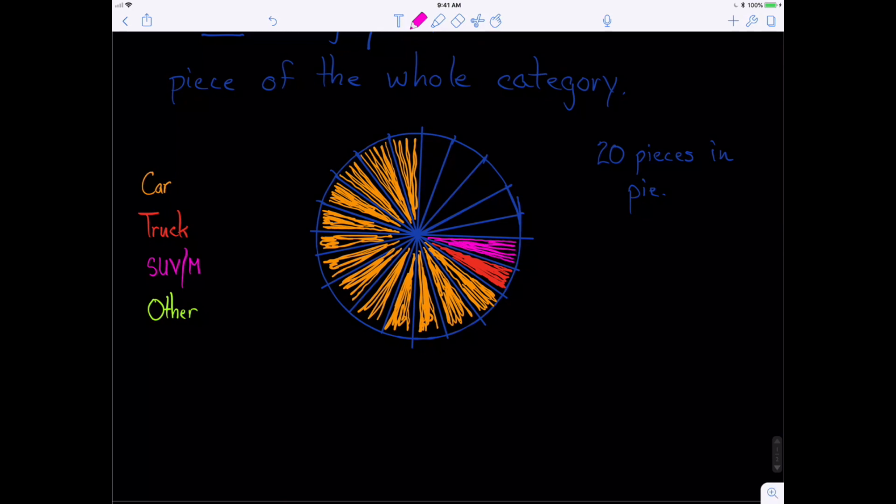One, two, three, four, and five. Now, notice there's one wedge left, so I suspect that there's one male that fits that last category.